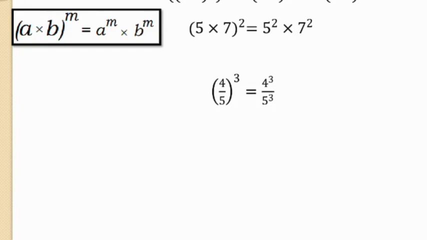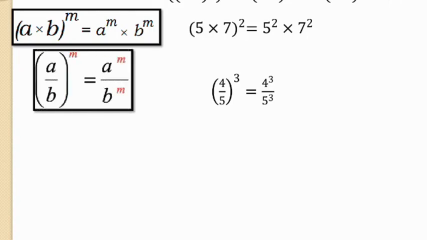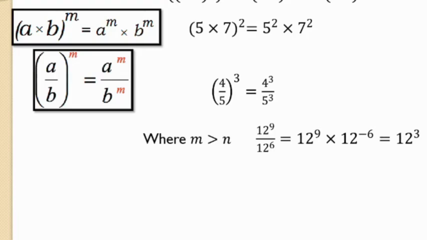What about division? The same. 4 over 5 all to the power 3. Here I can distribute the exponent over the numerator and the denominator, so it becomes 4 to the power 3 over 5 to the power 3. This is the rule that says a over b all to the power m equals a to the power m over b to the power m.